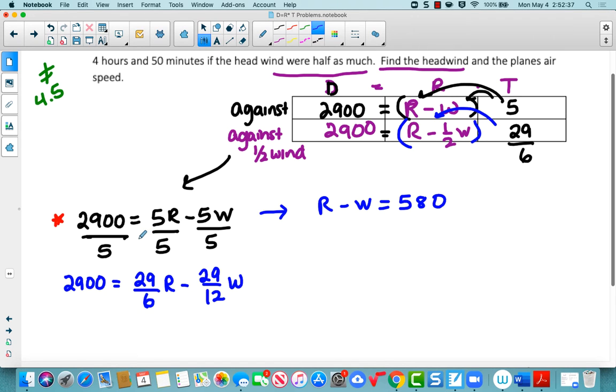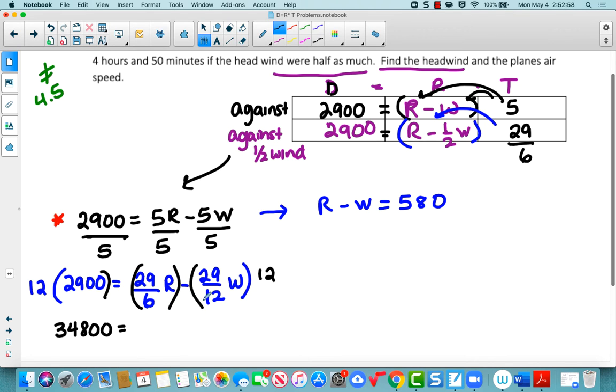So the best option for me was to clear the fractions. So I did that first. I multiplied both sides by 12. Okay. So 12 times 2,900 gives me 34,800. All right, 12, because you have to multiply it to every single term, that 12.